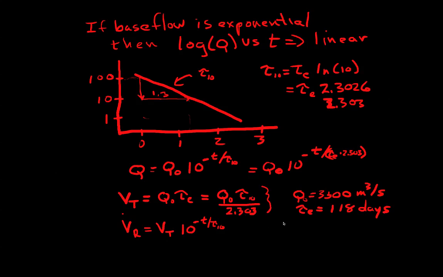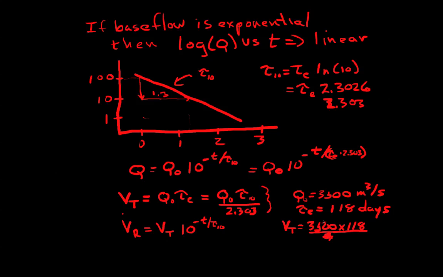Well, V total is equal to 3,500 times 118. Okay, oops, now we have a problem. Oh, and we divide that by 2 point, oh no, that's the right number. I don't divide by 2.3.